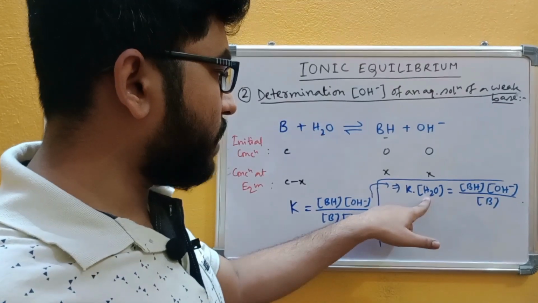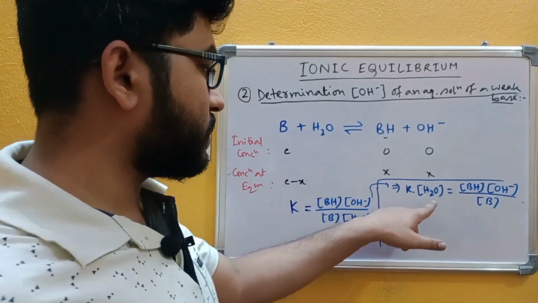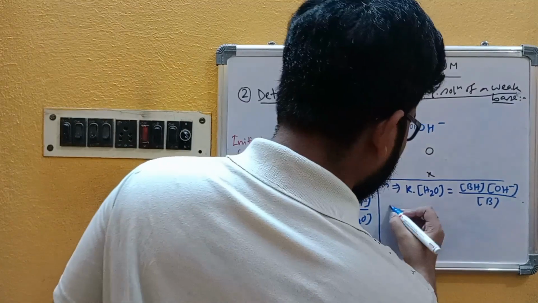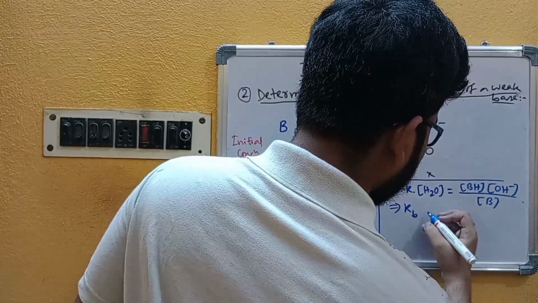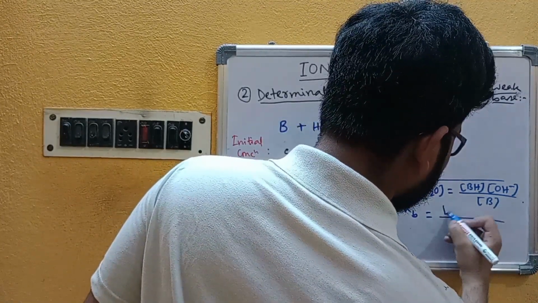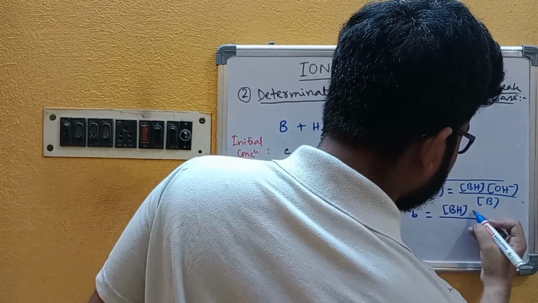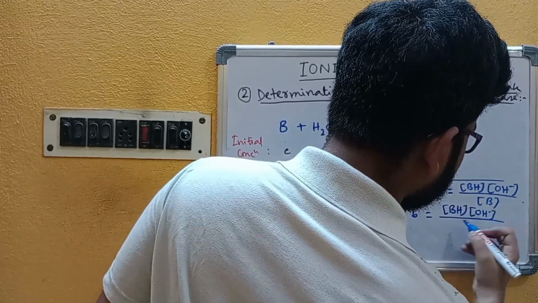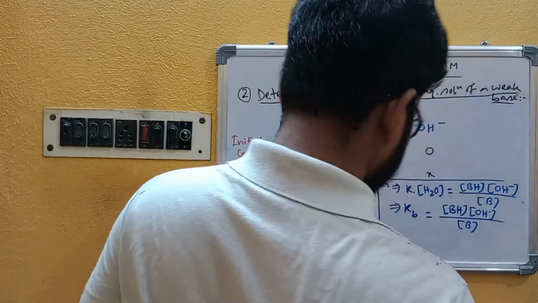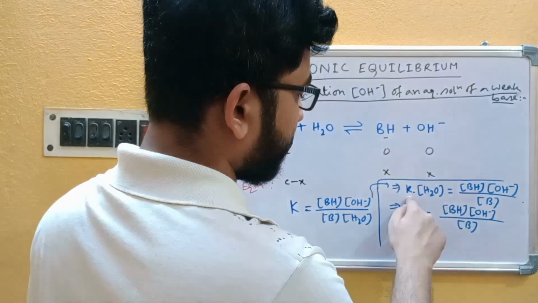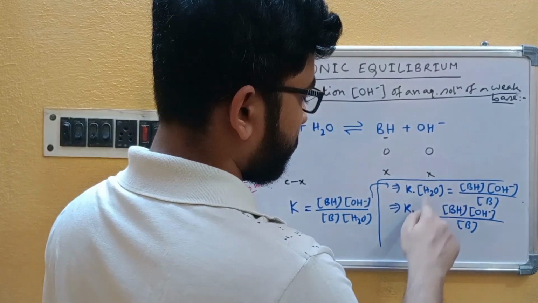So it is constant. So we can write that Kb is equal to [BH+][OH-] upon [B]. We assume that the product of K and the concentration of H2O is Kb.